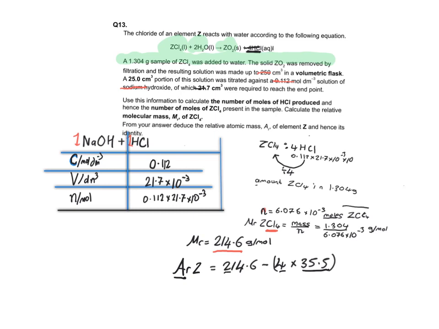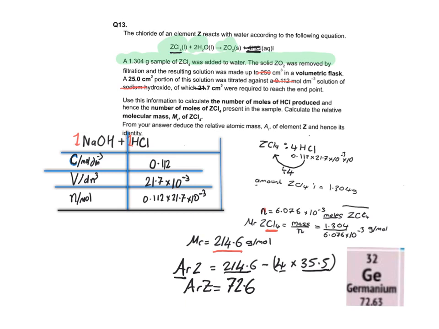So the relative atomic mass of our unknown element is 72.6, and when we go to our periodic table we know it's going to be a group 4 element because it's ZCl4, and that element is germanium in group 4, just below silicon.